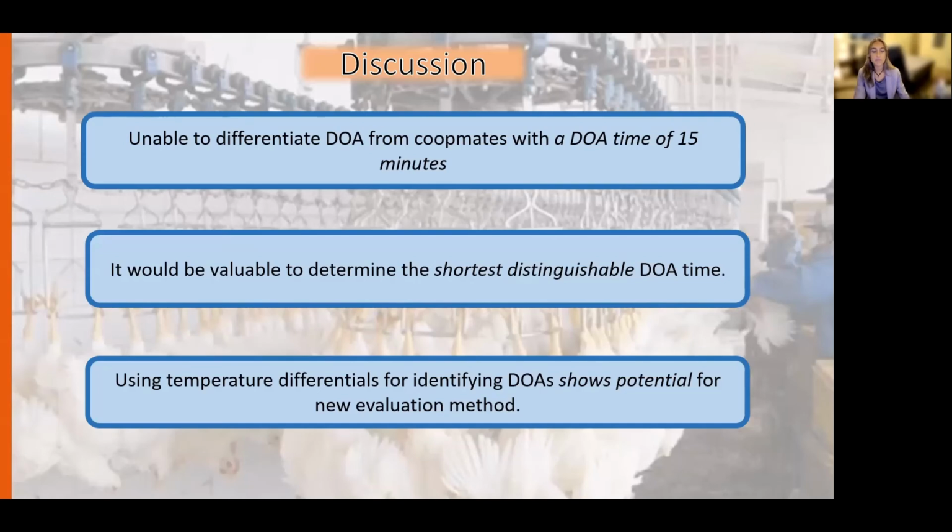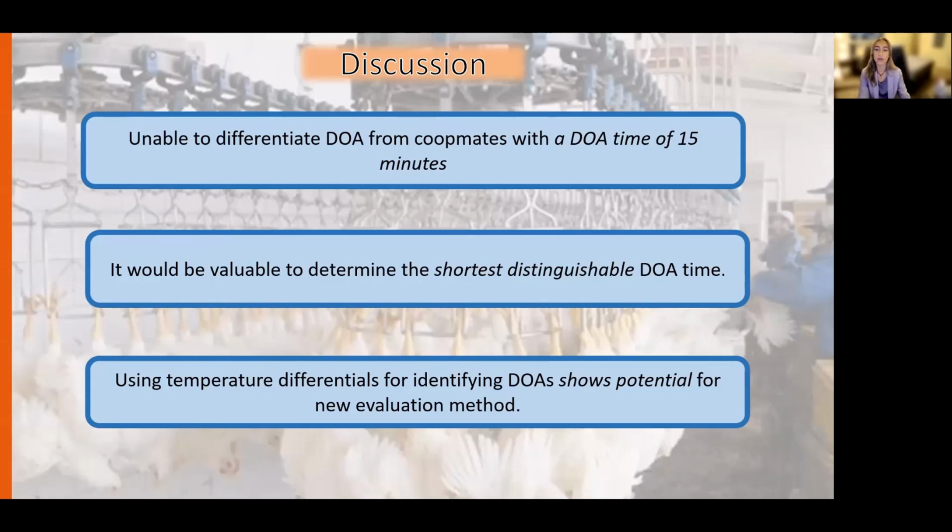Now for our discussion. We were unable to differentiate DOAs from coop mates when the DOA time was 15 minutes. This is true of all different treatments and studies, so broiler breeders, or temperature collection methods of thermal cameras or temperature sensors. It would be valuable, however, to determine what the shortest distinguishable time would be, if not 15 minutes.